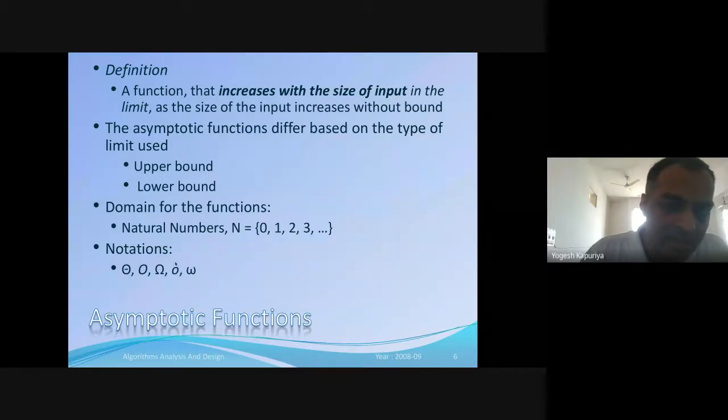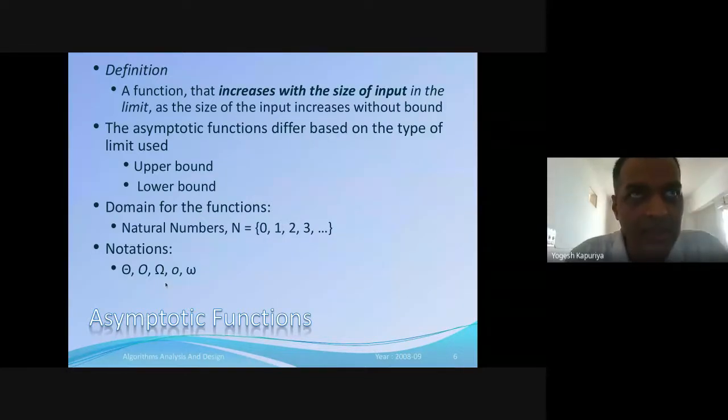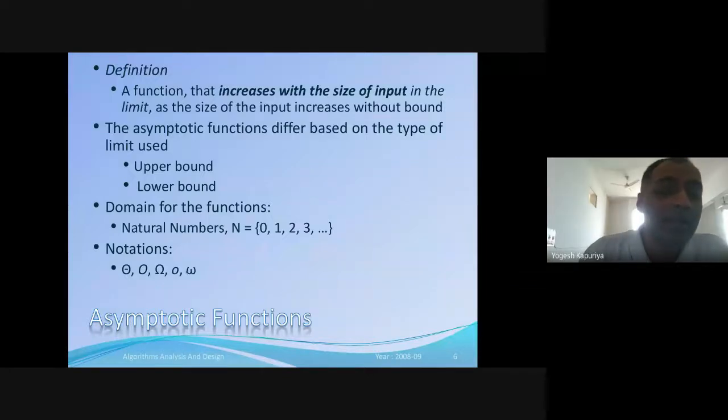Then this is little o, small o you can say, but it's pronounced as little o. And then the fifth one is little omega. So there are 5 different notations which will tell you about the behavior of that inherent function. Let us see them one by one.